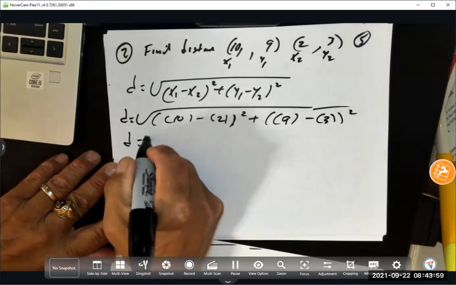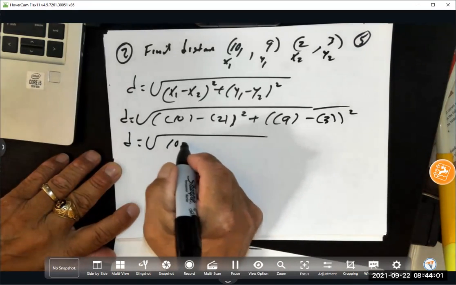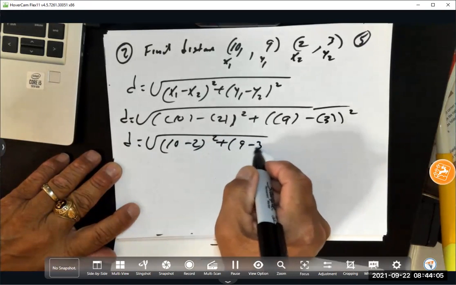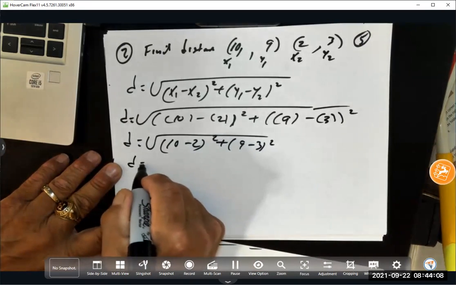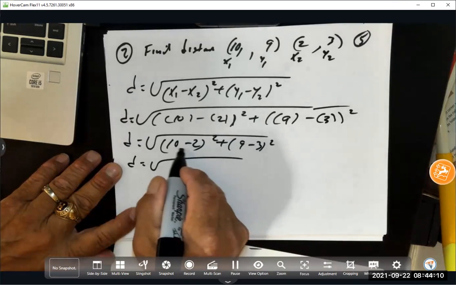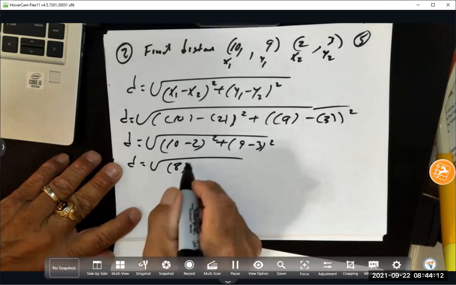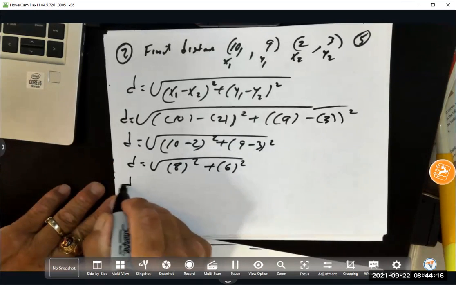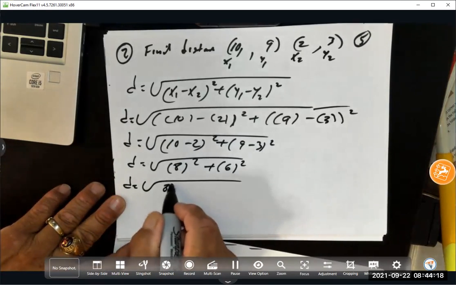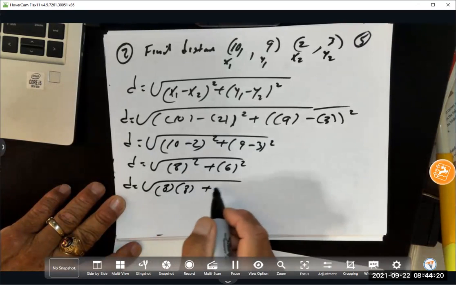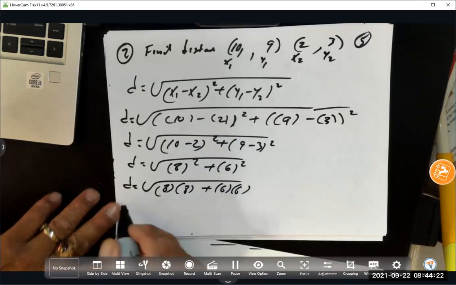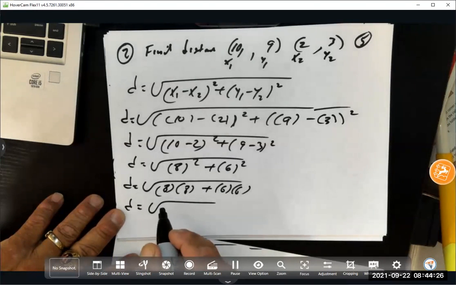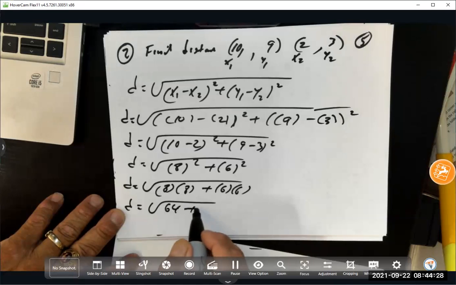Now, using your calculator skills, arithmetic things, 10 minus 2 on a calculator, of course, 9 minus 3 on a calculator, of course, what is it? 8, 8 squared, what else? 6, 6 squared, and using your calculator skills again, 8 times 8 plus 6 times 6, ready? What is 8 times 8? 64, plus 36.